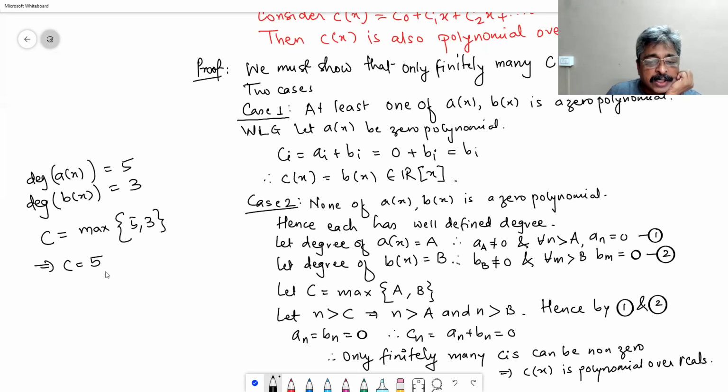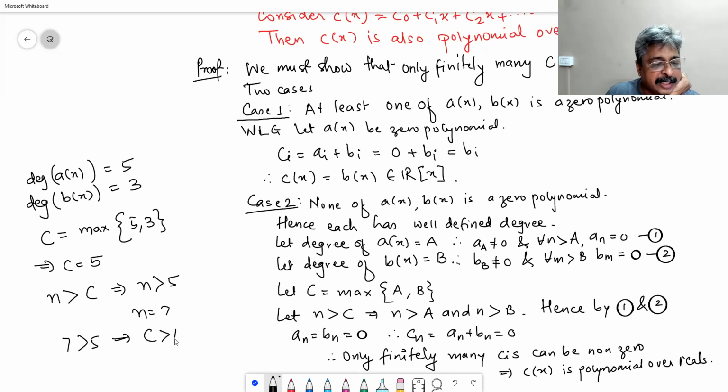Yes or no? Now if I choose n which is greater than C, which is n greater than 5, suppose I choose n is equal to 7. So 7 will be greater than 5, which is capital A. So 7 is greater than 5.